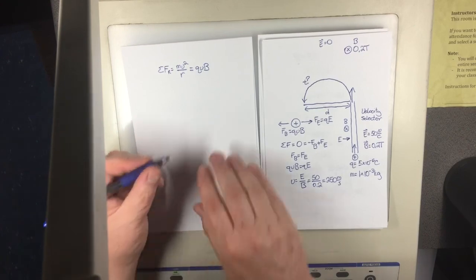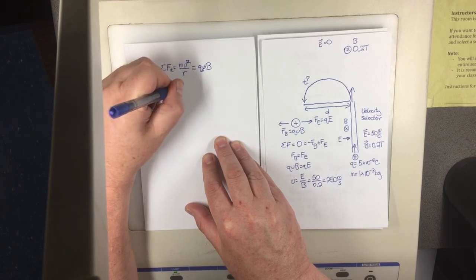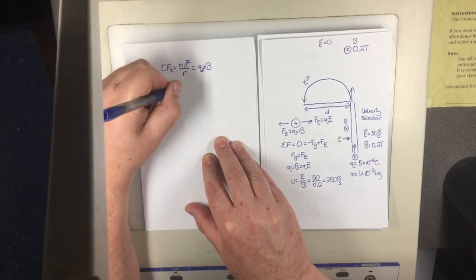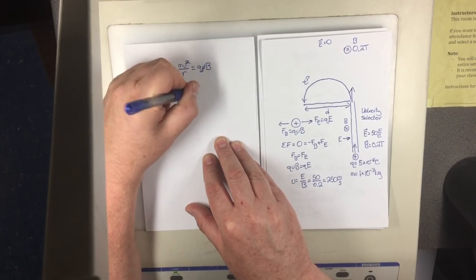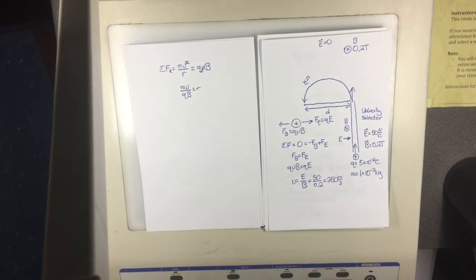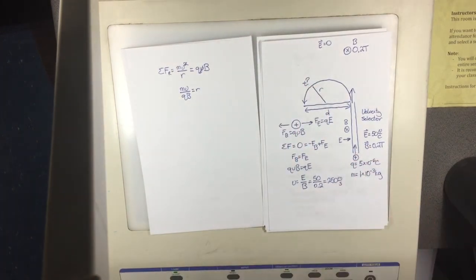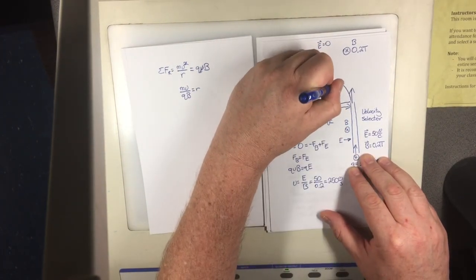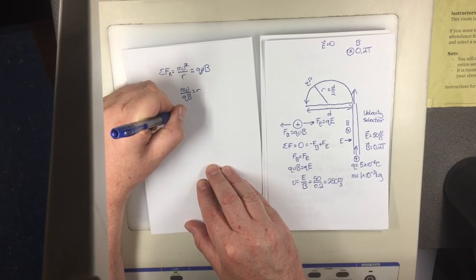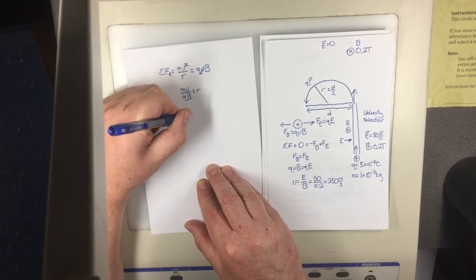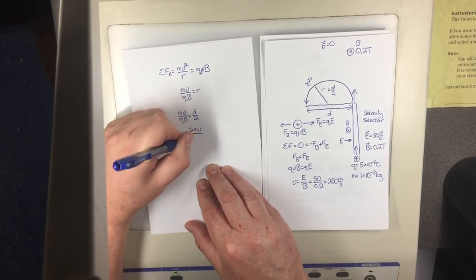The V's cancel, and I'm left with r equals mv over QB. We know the radius is d over 2, so d is 2mv over QB.